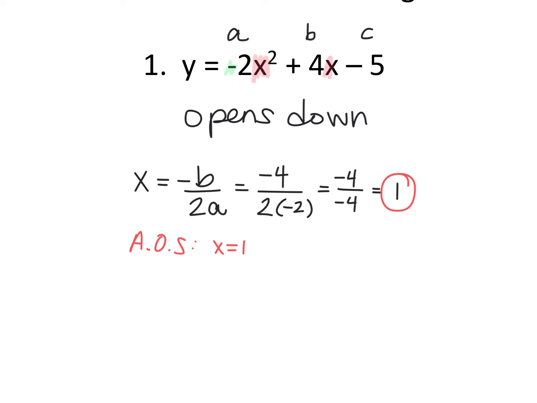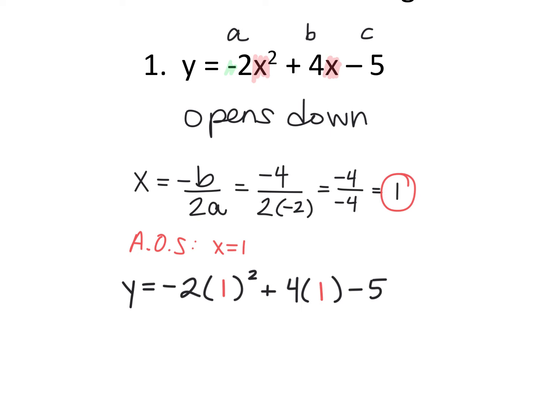So I can put it back in here, where x is, because we're trying to figure out the y value of the vertex. So I say y equals negative 2, but instead of x, I'll put 1. So where I see an x, I'm just replacing.